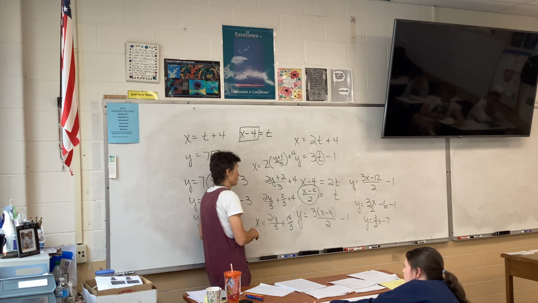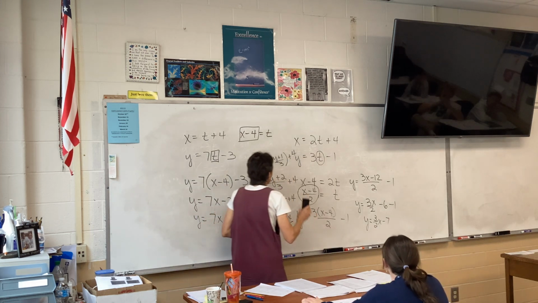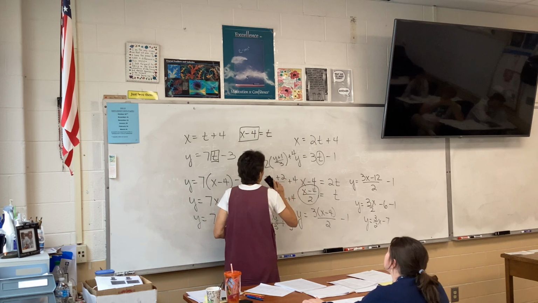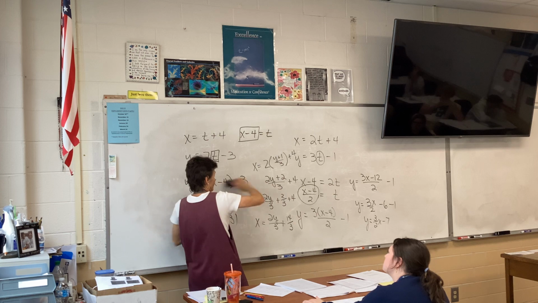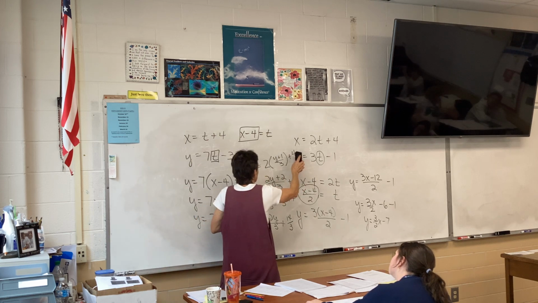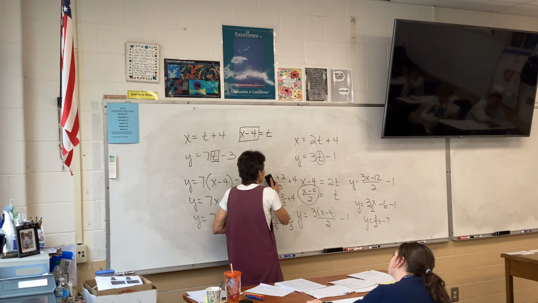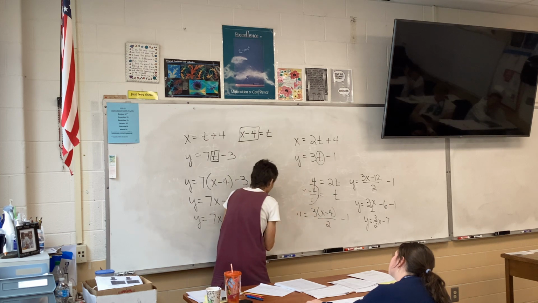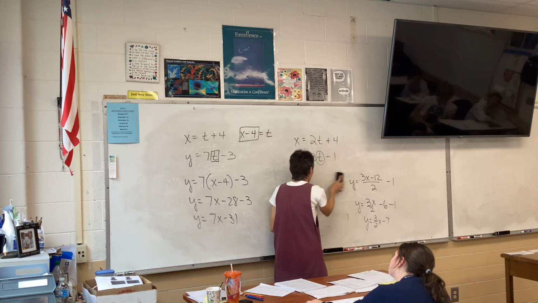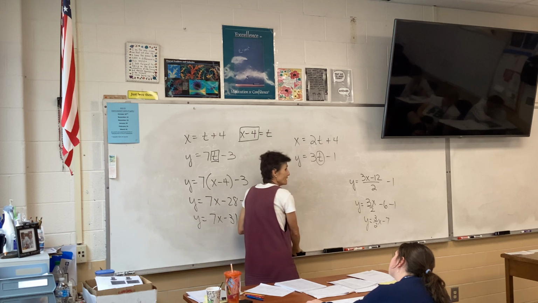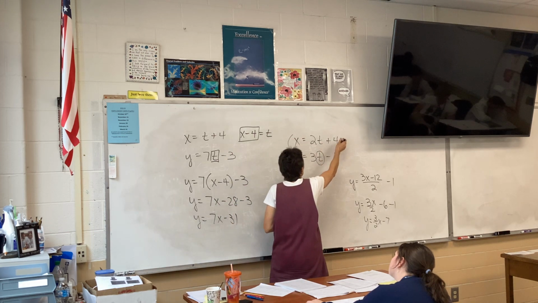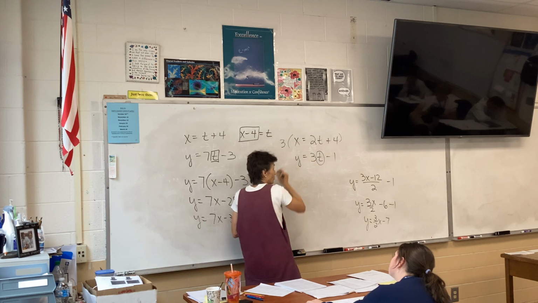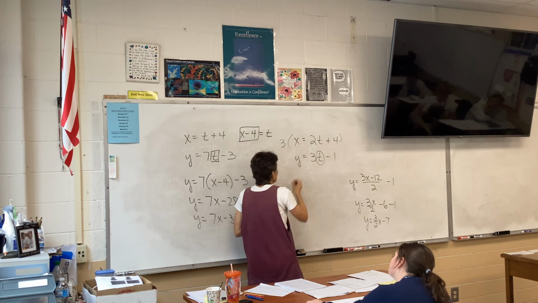Now I want to show you something, because last year, none of the kids wanted to do the problem this way. They all looked at this and said, Mrs. Ford, if the point of the problem is to get rid of the t's, then how about if I multiply this equation by 3 and this equation by -2?